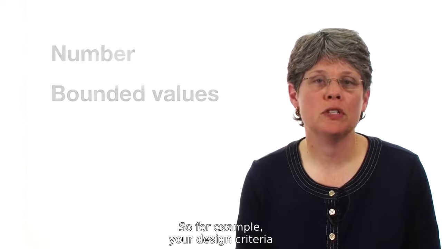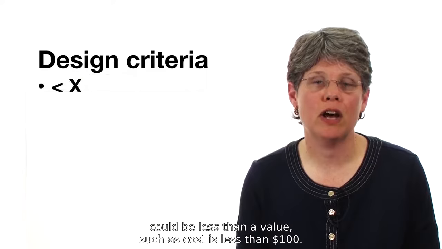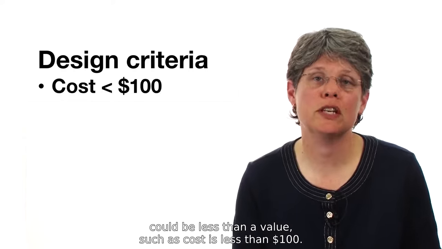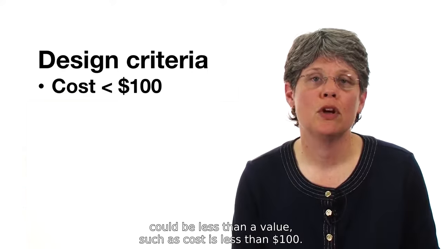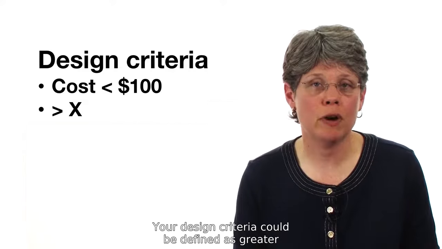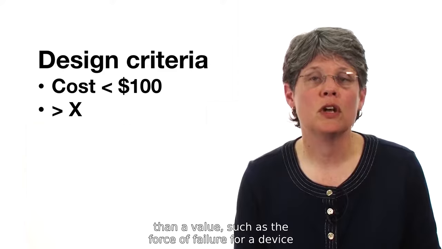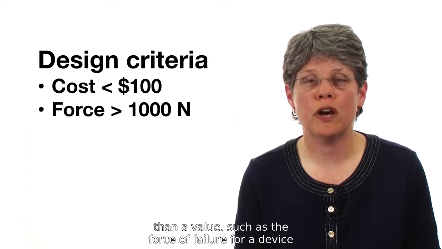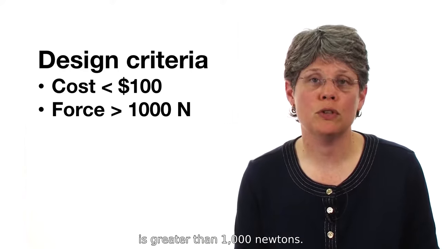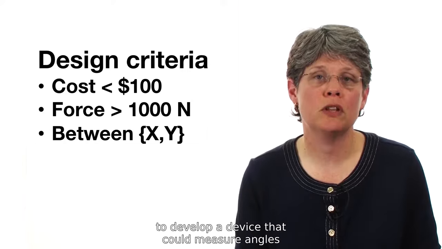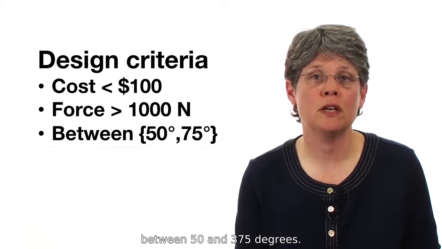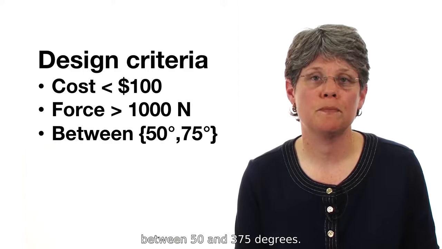So for example, your design criteria could be less than a value, such as cost is less than $100. Your design criteria could be defined as greater than a value, such as the force of failure for a device is greater than 1,000 newtons. Your design criteria could be defined between X and Y, such as you needed to develop a device that could measure angles between 50 and 75 degrees.